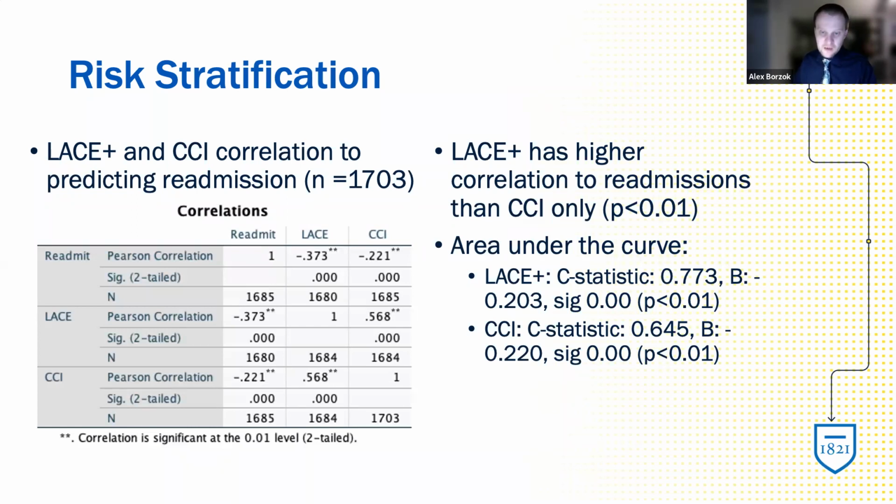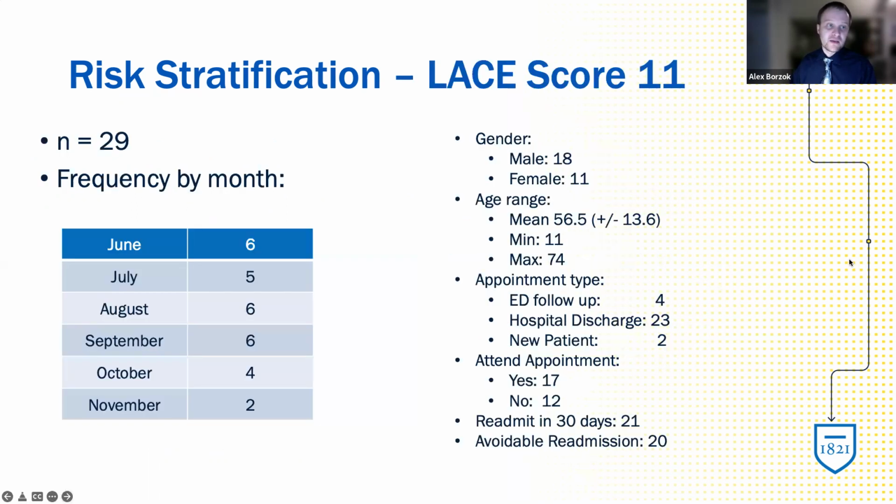So with that, the LACE score was chosen as the scale to utilize for risk stratification over the Charlson Comorbidity Index scale. What we did next was look at the 307 patients that had a readmission within 30 days, whether they were avoidable or not avoidable readmissions.